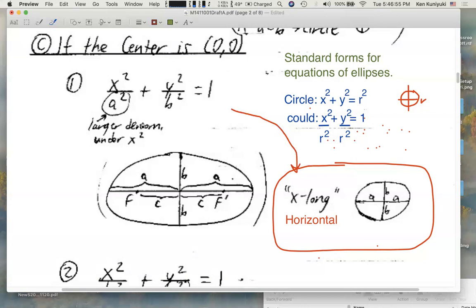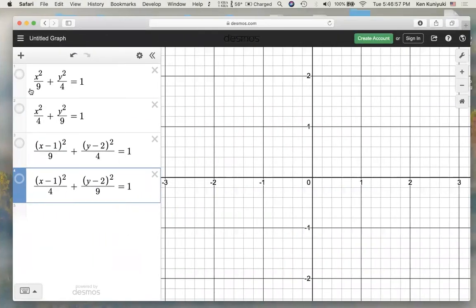So, for example, if we have on the top here, x squared over 9 plus y squared over 4 equals 1. This is the equation of an ellipse centered at the origin, and it's going to be x long. Now, it should be straightforward to find the vertices if you set y equal to 0. All right, the x-intercepts, the vertices will be intercepts here.